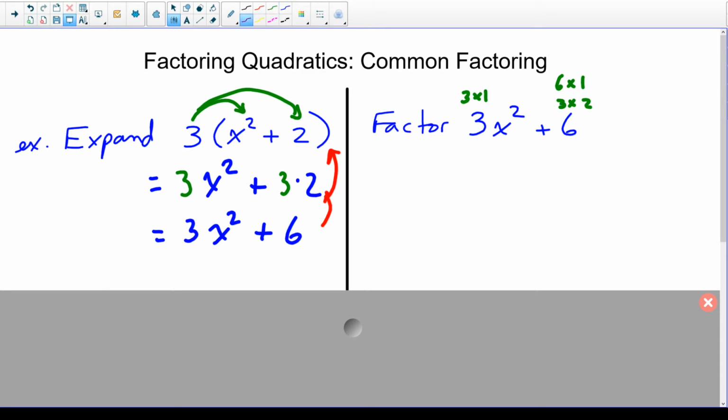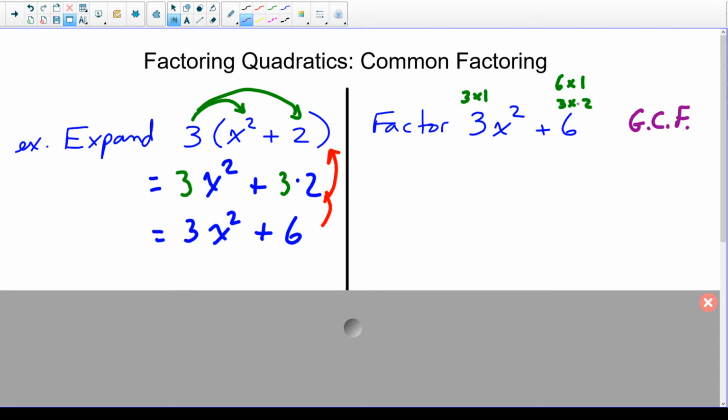Now what we're looking for is something called the GCF, which stands for greatest common factor. Common means it has to be in both of them, the terms, the 3x squared and the 6. So what's the greatest common factor or thing that multiplies in all of these green numbers up here?